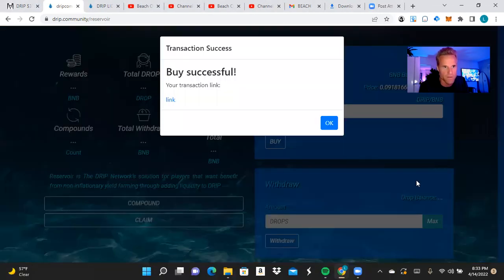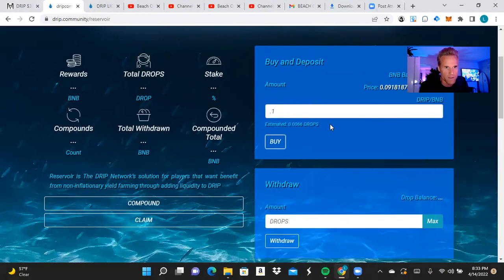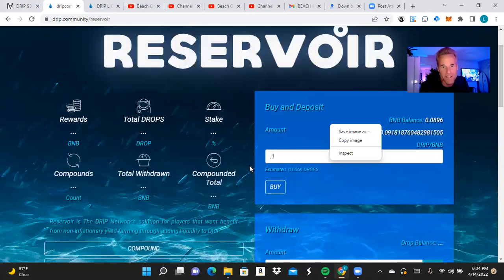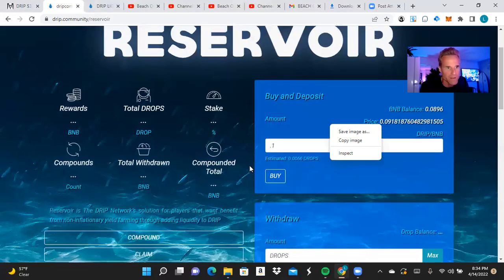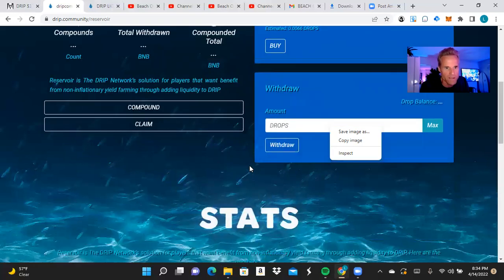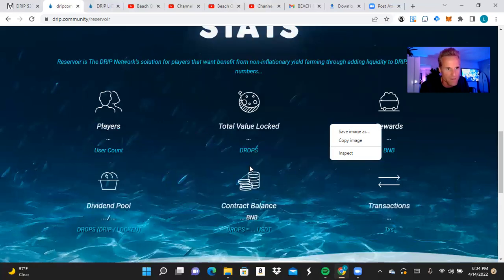Buy successful. Why isn't it showing up on my thing? Maybe because I have so little. I think I bought, maybe now I have like 0.2. I'll have to look into why it's not coming up in here.